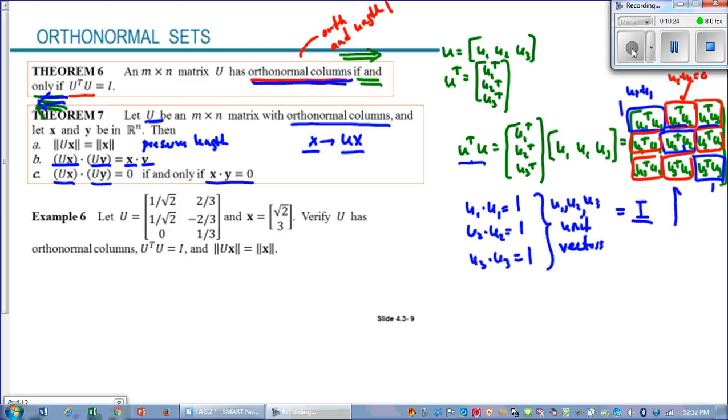Okay, so now let's demonstrate that with an example here. I've got a matrix U here that has orthonormal columns. So let's show that U has orthonormal columns.